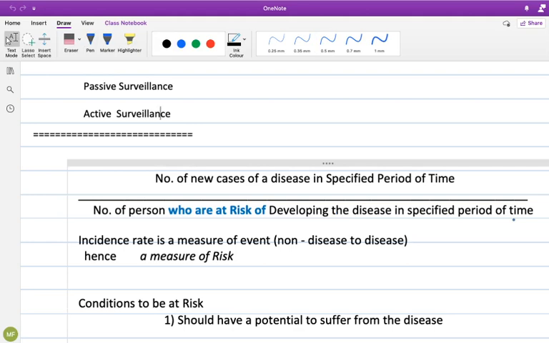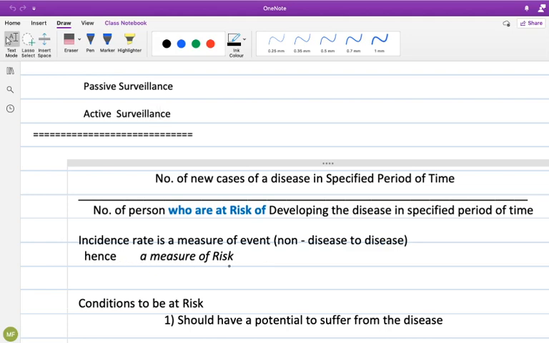So this is called the incidence rate. By calculating an incidence rate, we are identifying any probable risk factor which is responsible. So incidence rate is a measure of events. It differentiates between non-disease and disease elements, and hence it's a measure of risk.